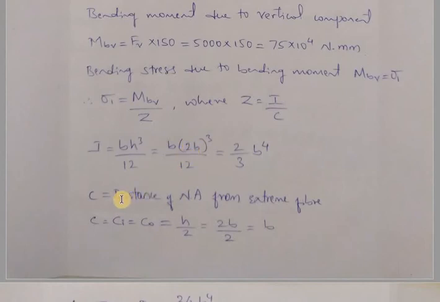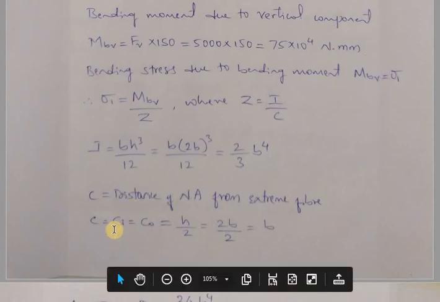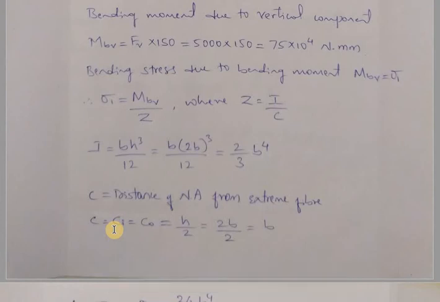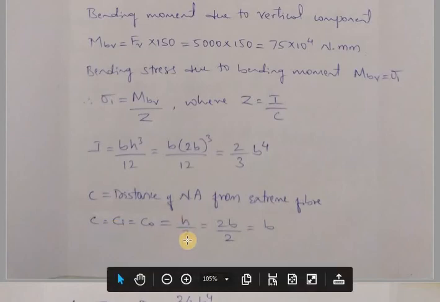Next, C, that is distance of neutral axis from the extreme fiber. So here for a rectangular cross section we have C is equal to C1 is equal to C2, or also we can write C is equal to C1 is equal to C2 is equal to h by 2. And here h value we have in terms of b as 2b. So 2 will get cancelled, we get it as b. So value of C is nothing but b now.